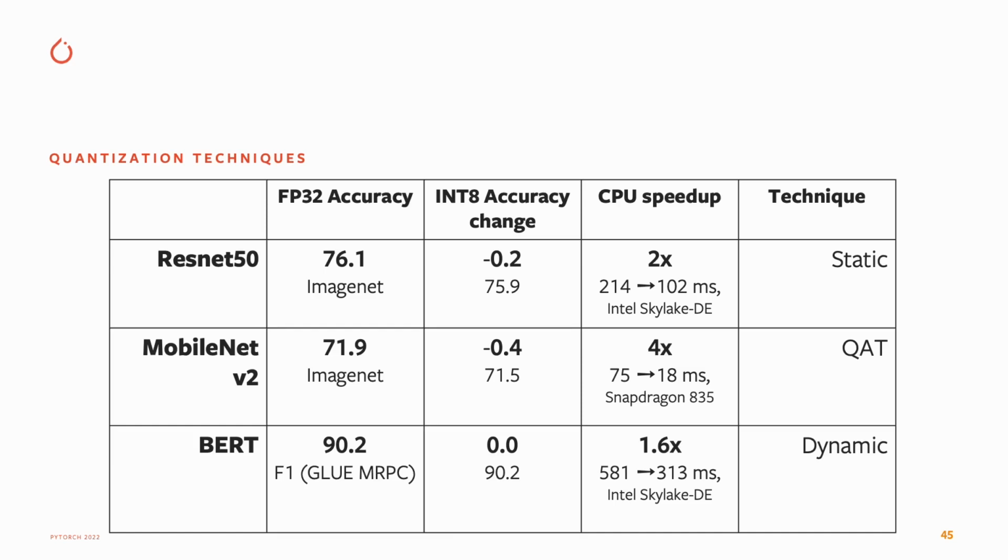So QAT was a good choice over there. Also, since it's a small model, retraining the model in QAT would not pose a significant compute cost. You can see BERT, we got a free speed up of 1.6x with no accuracy degradation.